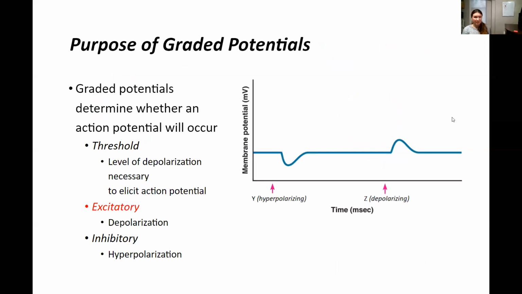So the point of graded potentials is to figure out whether we have enough stimuli to make an action potential occur. So your neurons are always receiving some signals. They have to decide whether that signal is important enough, big enough to set off an action potential and fire themselves. Okay. So a thing about neurons is they have like this threshold.